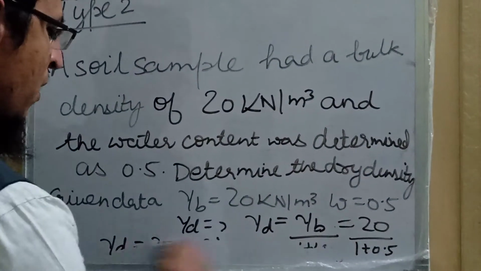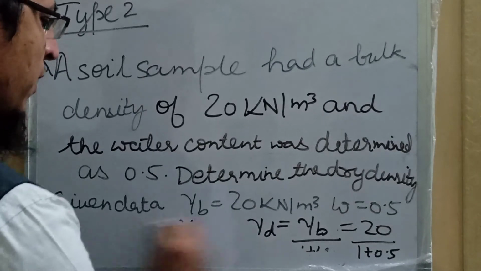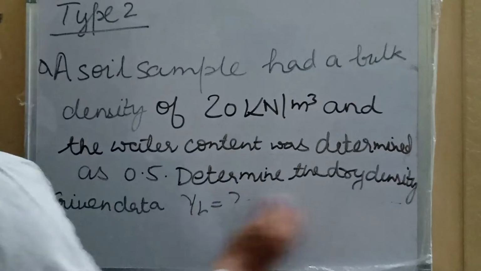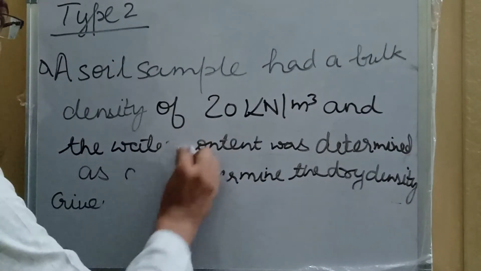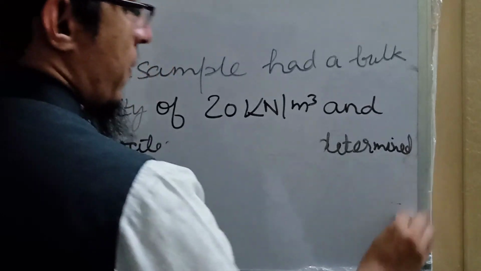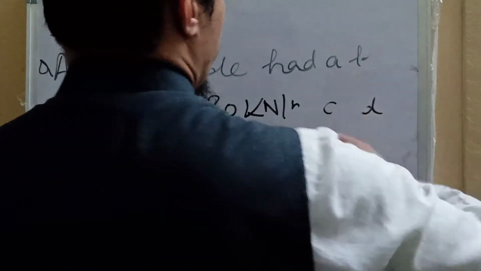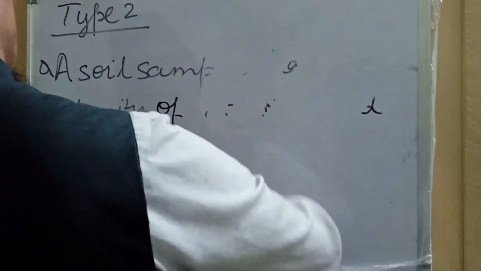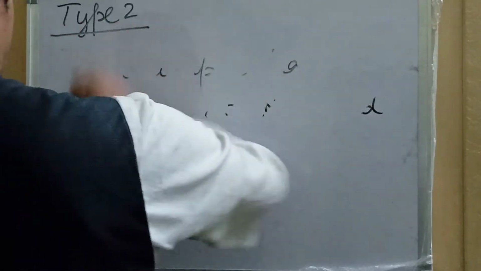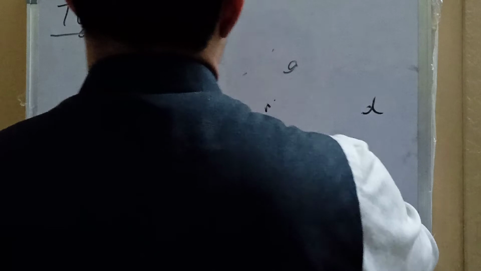So these are some of the numericals related to type 2, and further we can have a number of numericals. Suppose we discuss another type of numerical in which we can have two cases.